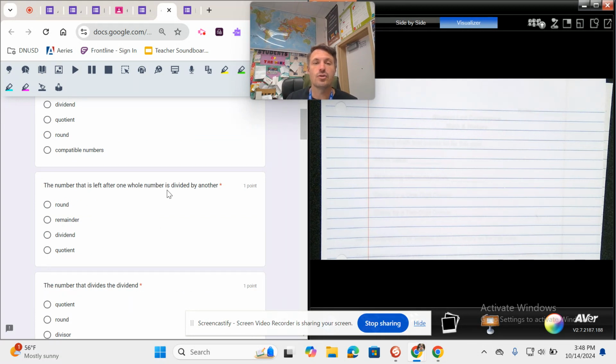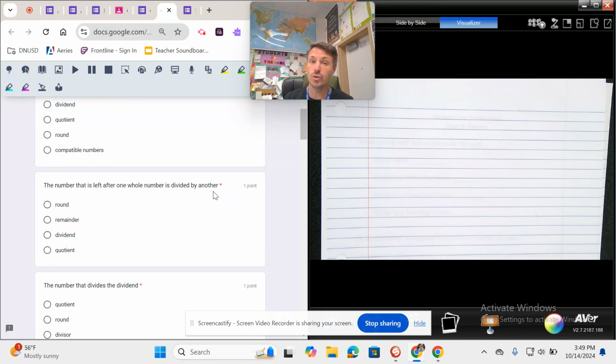The number that is left after one whole number is divided by another. So let's say you have, instead of 21 divided by 7, what about 22 divided by 7? Let's say there's 22 students, and they have to get on 7 buses. There would be 3 students on each bus, but there will be 1 student left over. 22 divided by 7 would be 3, with a remainder of 1, because 7 times 3 is exactly 21.